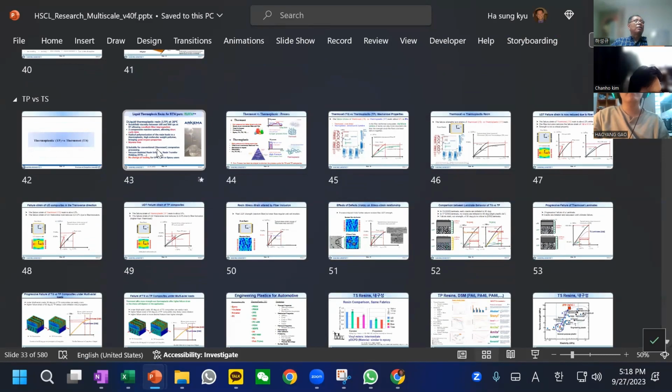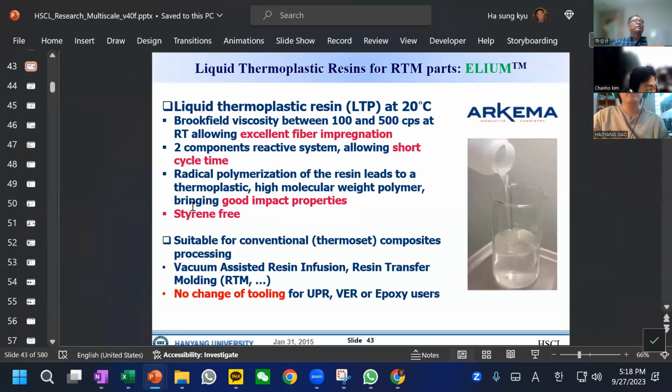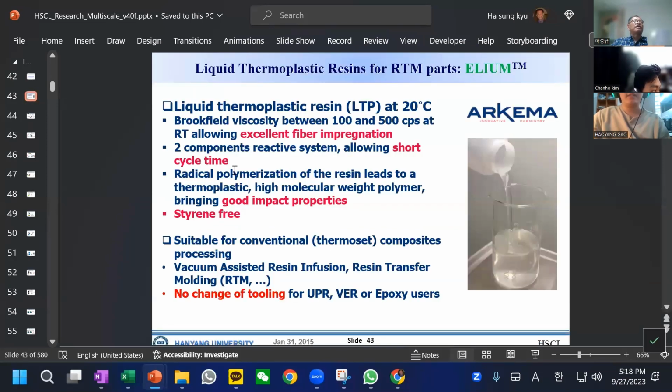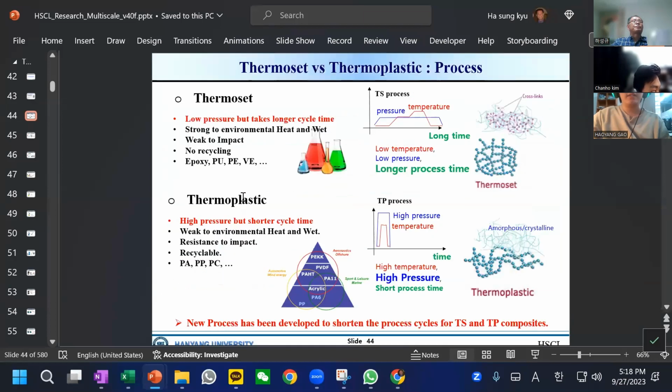Now I'd like to emphasize thermoplastic and thermoset. We need to understand thermoset and thermoplastic to better understand the manufacturing process. In general, not always, thermoset: I can separate this word.